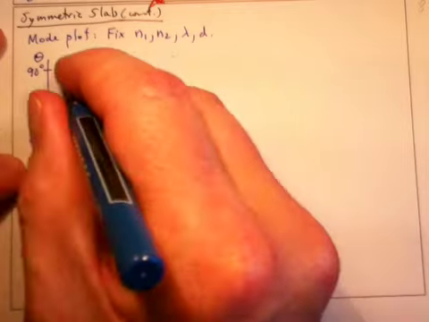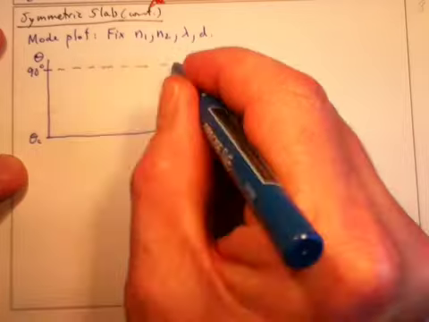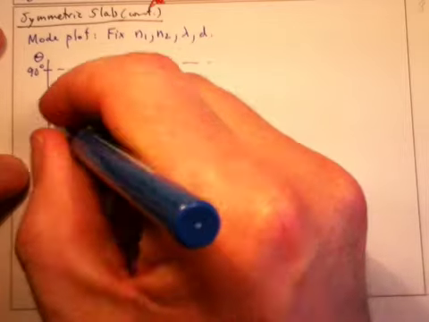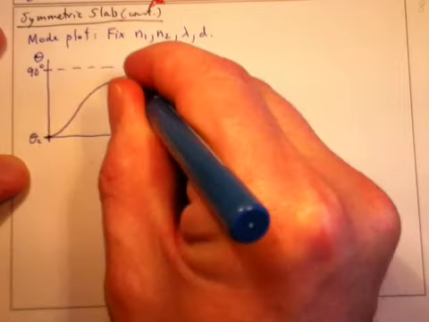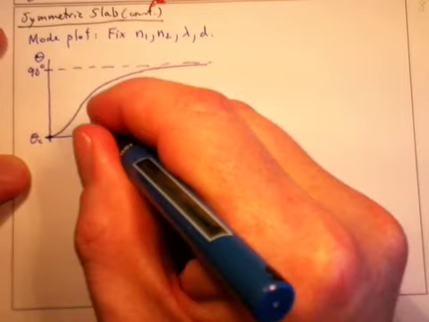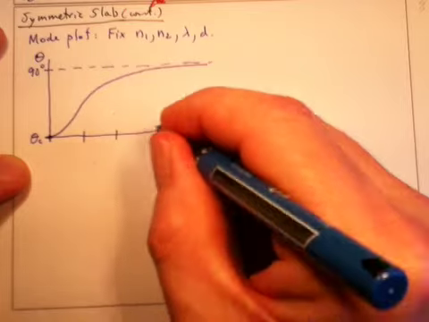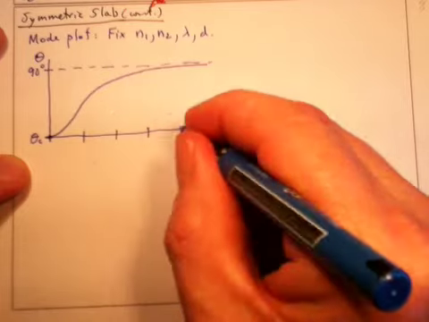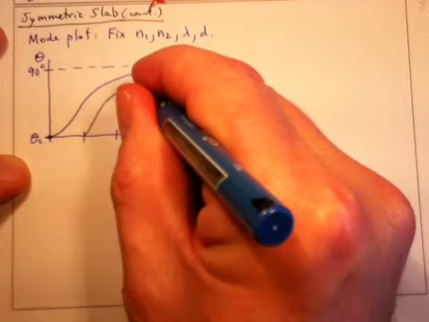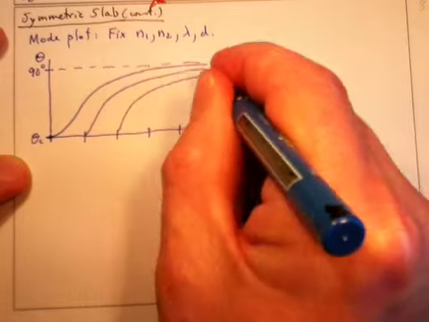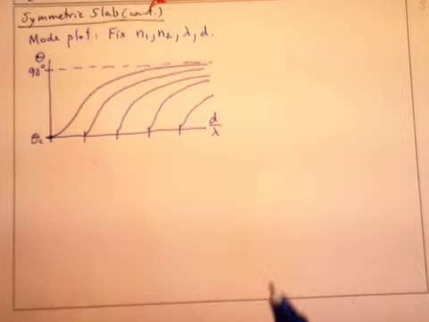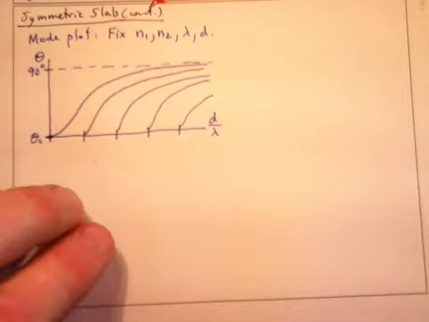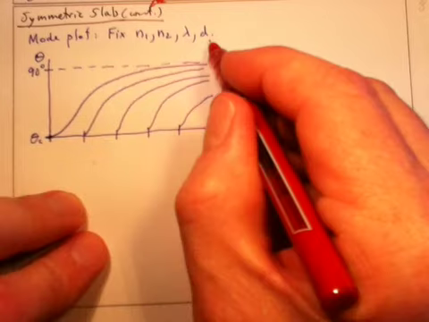And what we found is that we had a number of solutions that look something like this, evenly spaced along the d by lambda axis. We found that we could take our particular lambda and d, plot them, and find this value.